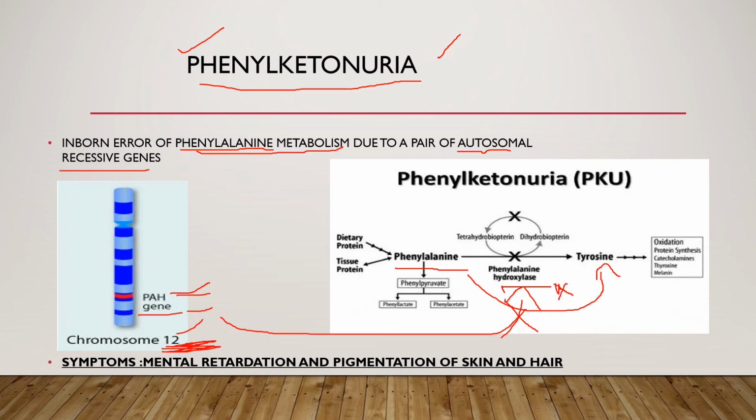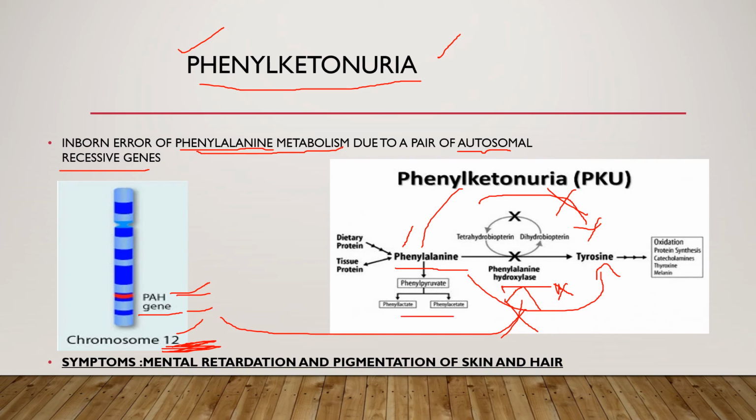As a result, phenylalanine cannot be converted into tyrosine. As a result, this phenylalanine will get accumulated in our body and gets converted into phenylpyruvic acid and other derivatives.